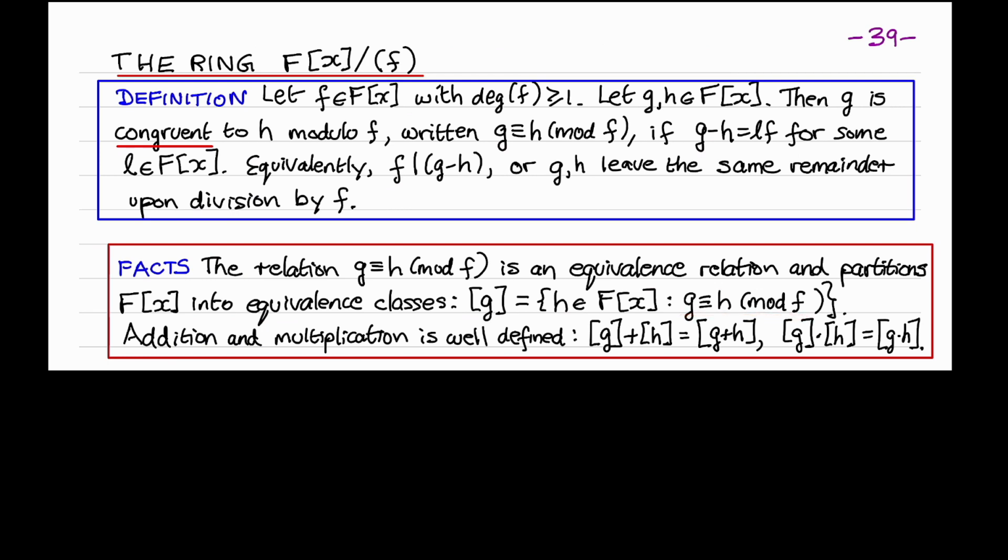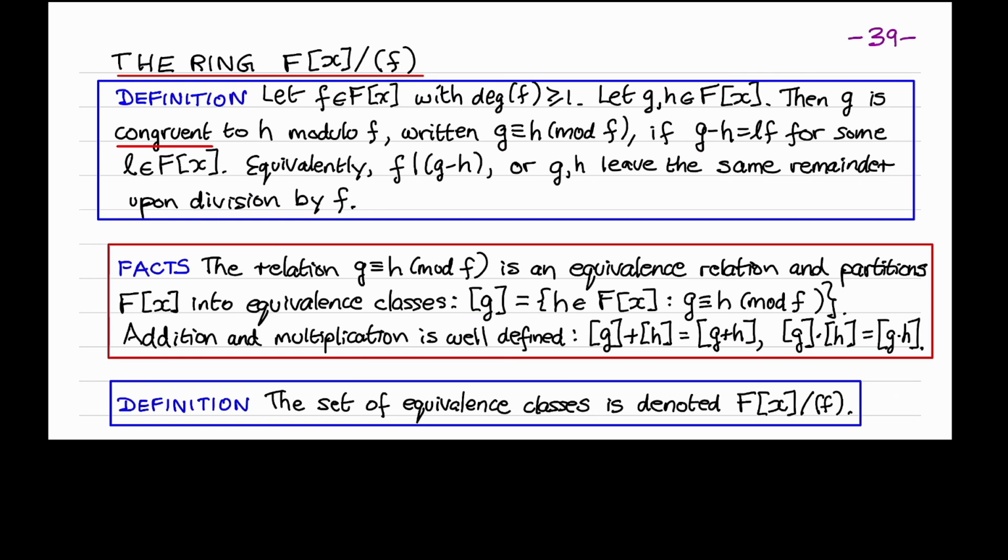One can now define addition and multiplication of these equivalence classes in the natural way. So the sum of the equivalence classes containing g and h is defined to be the equivalence class containing g plus h. And multiplication of equivalence classes is defined similarly.